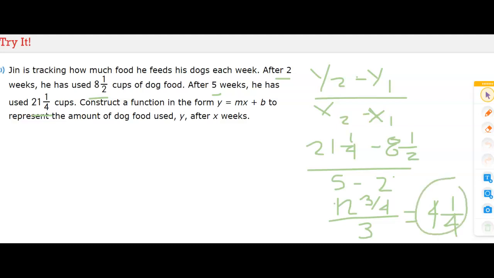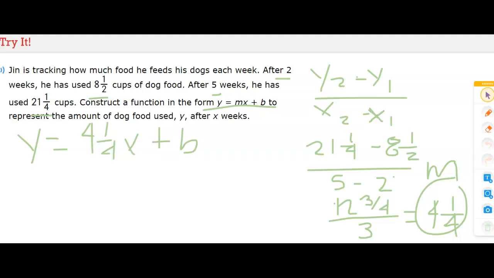So now we go back to the equation y equals mx plus b, and now our m is the 4 and 1/4. So we have y equals 4 and 1/4 x plus b.